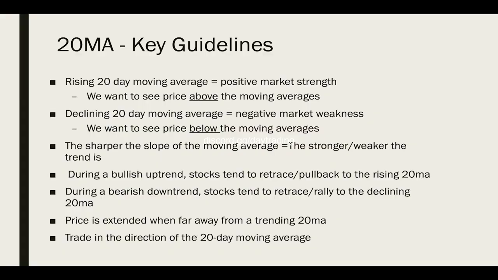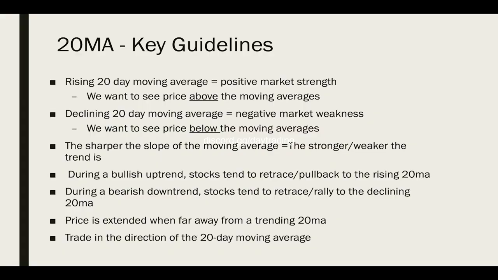That shows strength, positive market strength. A declining 20-day moving average trending lower shows negative market weakness. And in that case, we want to see price below the 20-day moving average, and that would show bearishness, a negative, it would show market weakness.